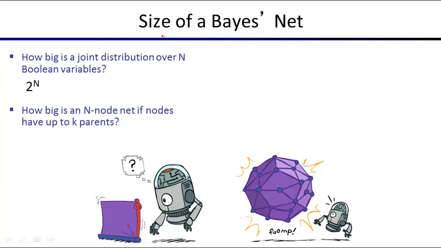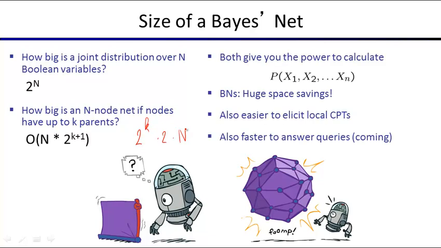Well, a table will have k parents, so there's 2 to the k distributions, really, one for each possible combination of instantiation of all the parent variables. Then each one of those will be as large as the number of entries you have for your variable you're considering, so that would be times 2. Then you have n of those variables, so times n. Okay, so that's big if k is large, but very small if k is small.